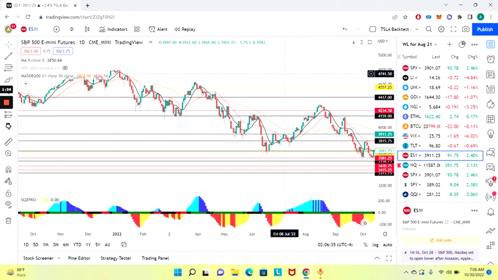What sits between these two is the 21 MA, which is a balance zone. When price falls below the 9 MA, what usually happens is it gets some form of reaction from the 21 MA, because that's the balance zone.